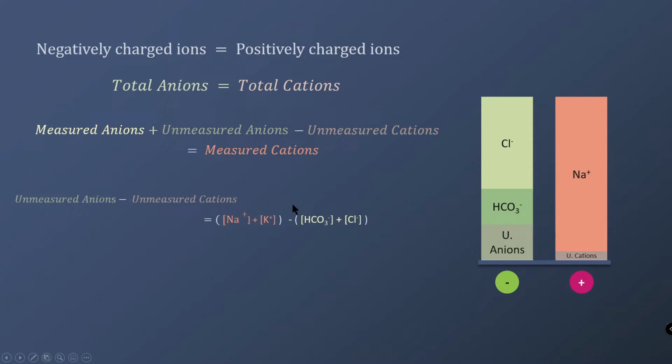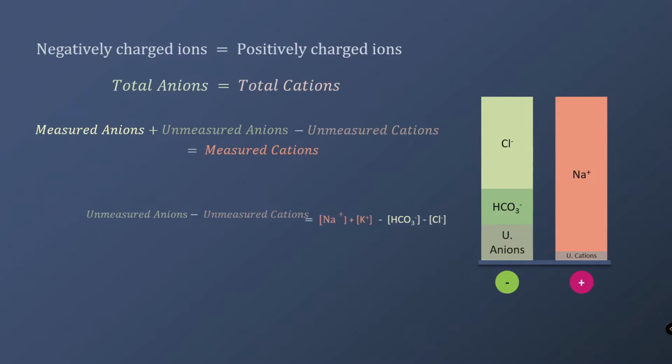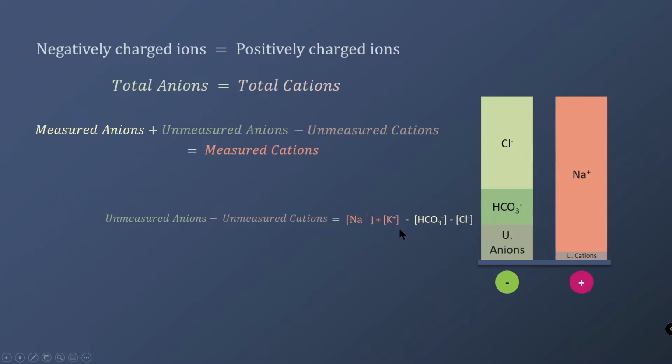When we simplify this and remove this bracket, this plus sign will become minus, right? So this is the final equation, and if you look carefully, this is actually the equation of anion gap. So now you understand what anion gap is and where this equation came from.